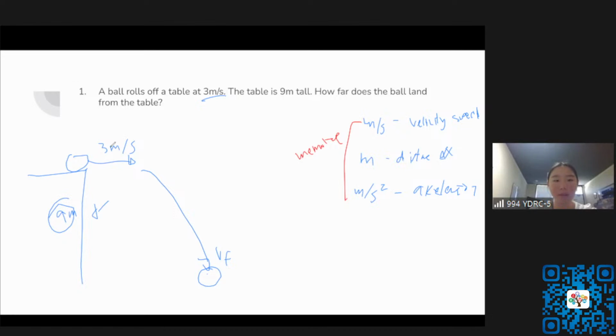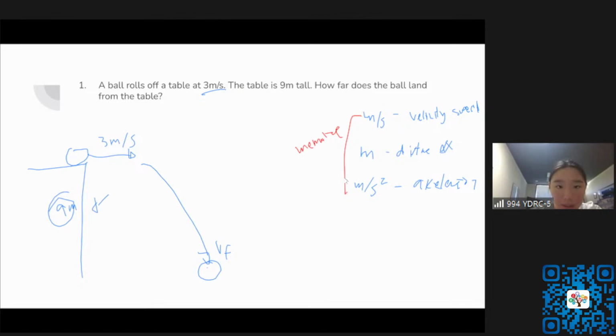When we're dealing with this, we are only dealing with the y component, right? Right, Steven? So 3 meters per second is not the initial velocity for the y component. 3 meters per second is Vx.